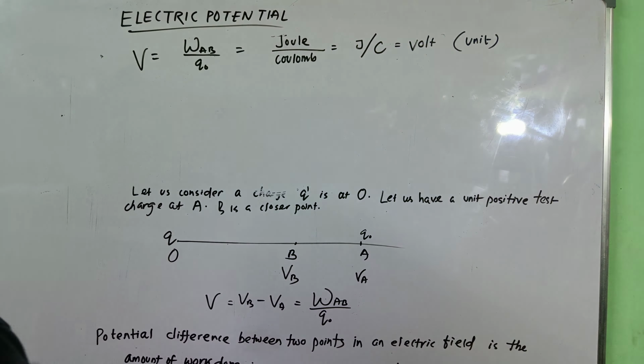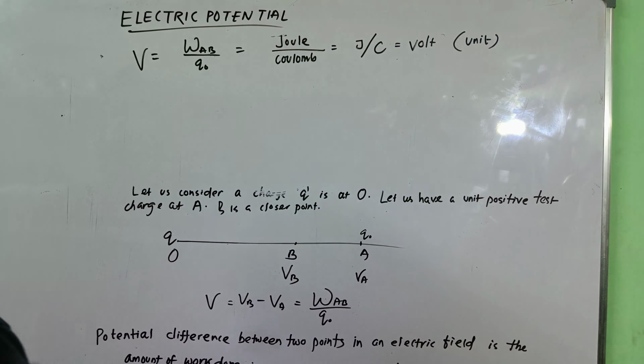So 1 volt, you can write the definition here. 1 volt is the potential difference between two points.